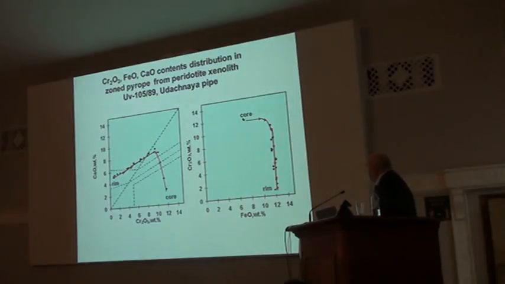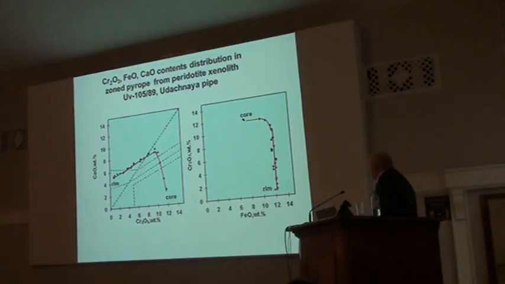Okay. And now back to chromium and calcium. This increase of calcium is a carbonatitic type of metasomatic treatment. Increase of calcium. And then here we have some pyroxene and decarbonation and decrease in the new form of garnet, this decrease of chromium.